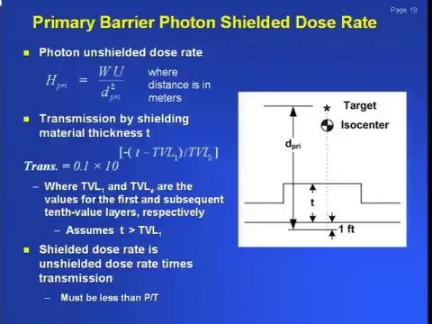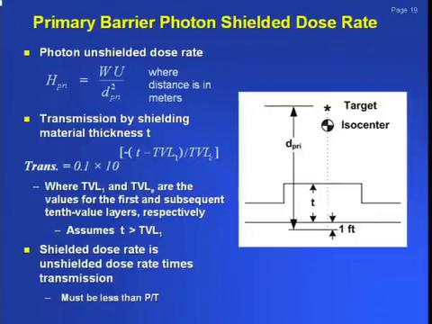Now, TVL1 is your first tenth value layer. TVLE is for all of your tenth value layers after the first one, because you do not have a homogeneous beam. You have a heterogeneous beam of multiple energies. So your first TVL will be different than your following TVLs. All these calculations assume your thickness is going to be greater than 1 TVL.